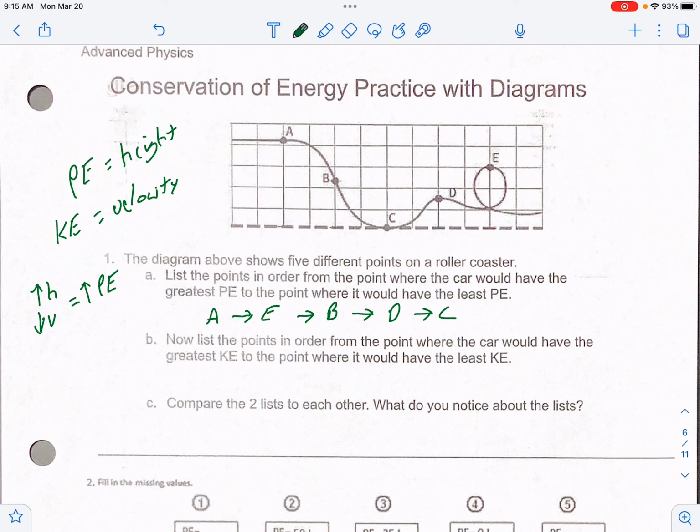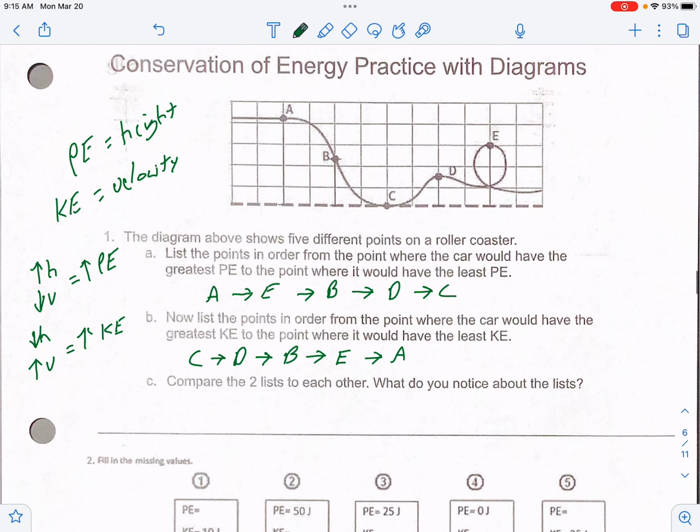So we're going to start at the lowest and work our way up. C would be the lowest, so that's the highest kinetic energy. Then D, then B, then E, and then A. When you decrease height, usually your velocity goes up, which equals more kinetic energy.